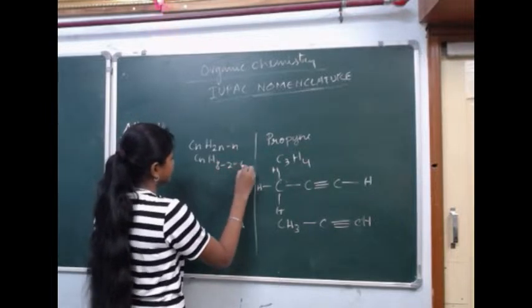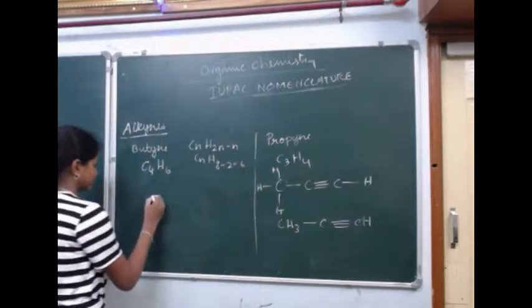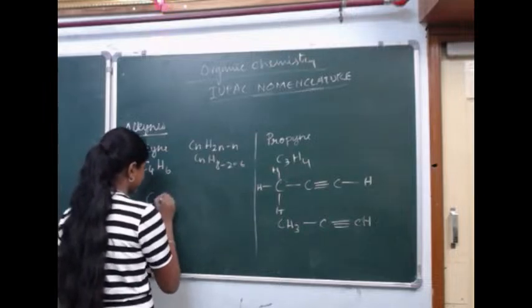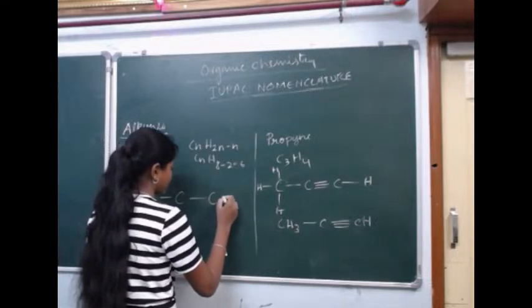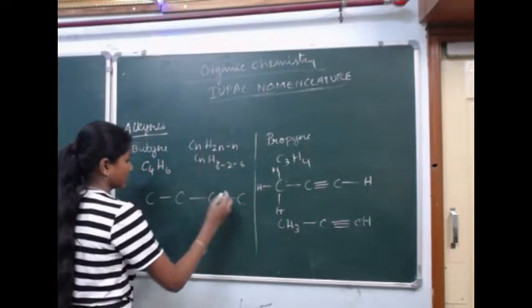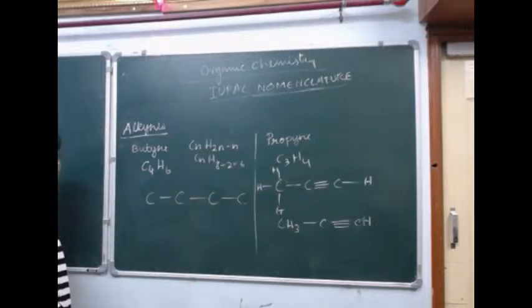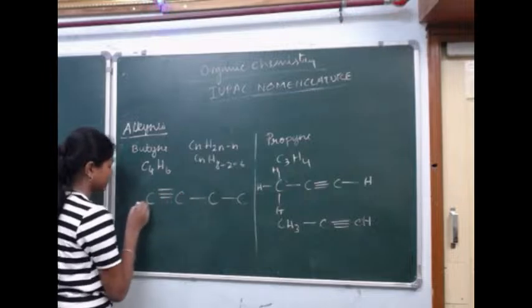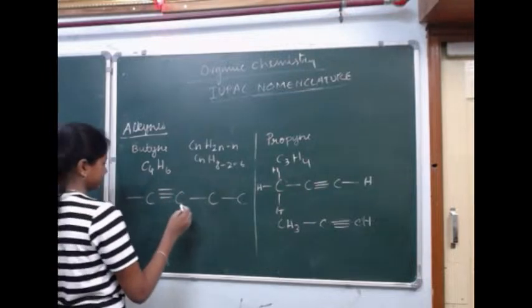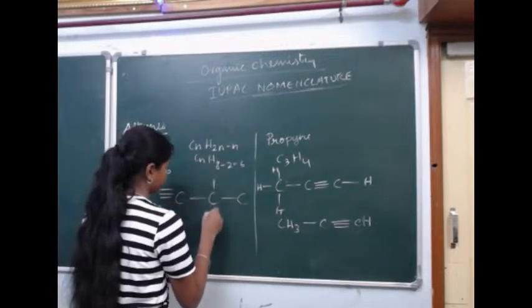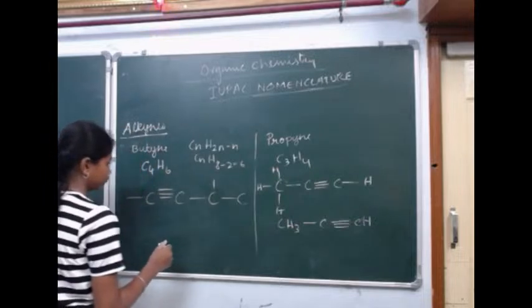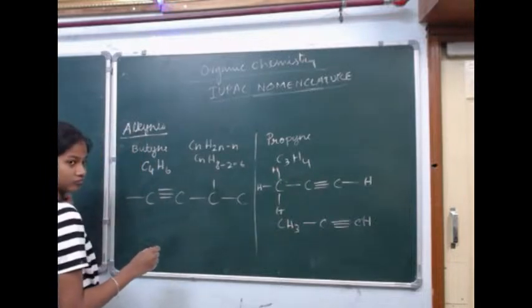Now can you draw the structure? There are 4 carbons. You can put one triple bond. No, you can't put it on the first carbon atom. No, the triple bond should be at the center. Put it properly.